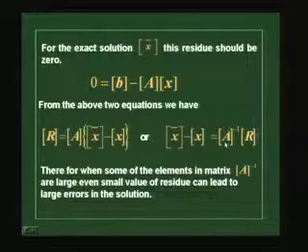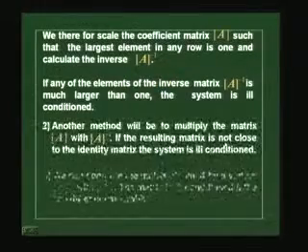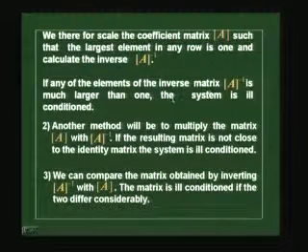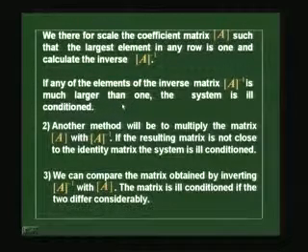For that, one thing we can do is to scale the A matrix such that the largest element in any row is 1, and then we calculate A inverse. Now, even after doing this, if any of the elements of the inverse matrix is still much larger than 1, then there is not much we can do about this, and we call that system ill-conditioned.